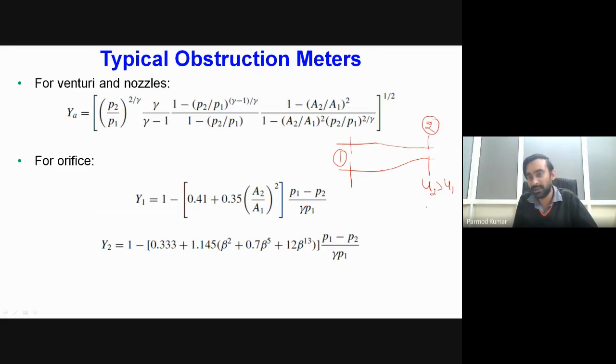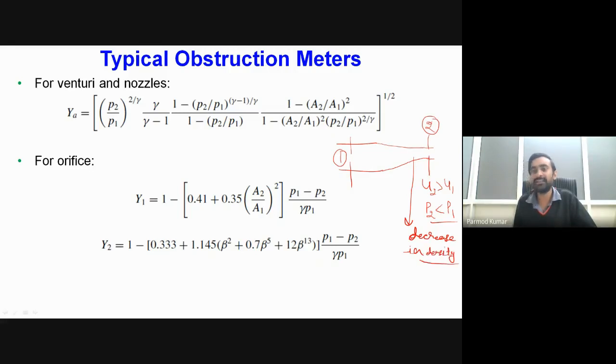Because of that, the static pressure at point 2 will be less in comparison to the static pressure at point 1. Because of this pressure difference, in case of compressible flow, because our static pressure is decreasing, there will be a decrease in the density of the fluid.